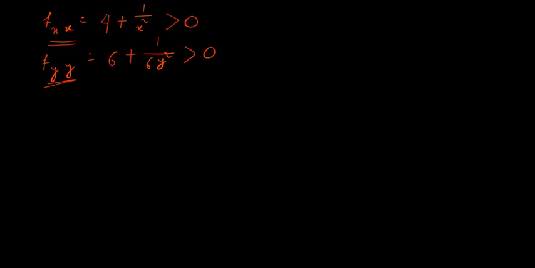And f_xx is positive, that means at the point (1/2, 1/6) the function f has a minimum. It will give a minimum value.